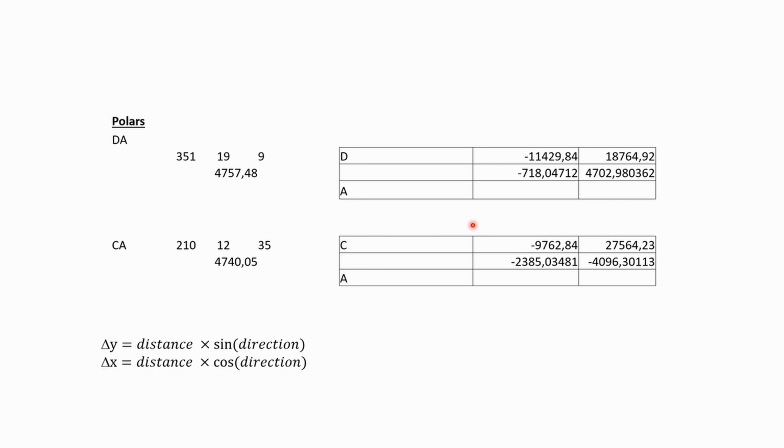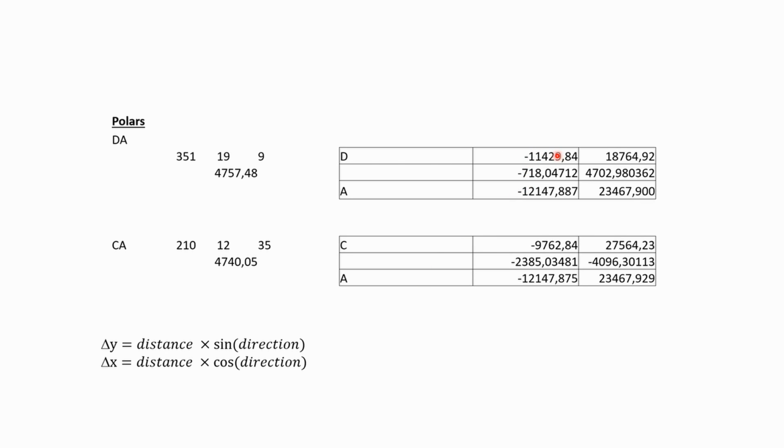Now we have our distances, which are given to us, and our directions, which were calculated. In the tables, once again, you put your first coordinate, in this case D and C, then you calculate your delta Y and delta X using distance times the sine of the direction or the cos of the direction. It'll be this distance and that direction for this table, and this distance and this direction for the other table.